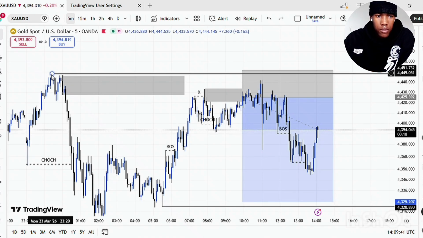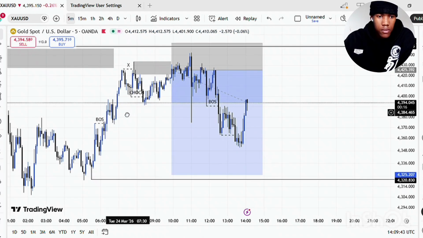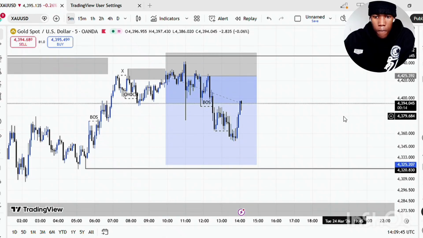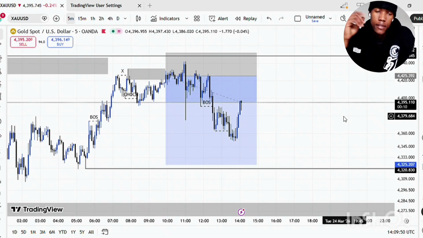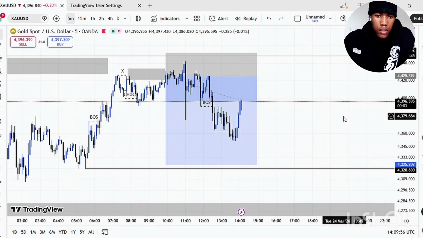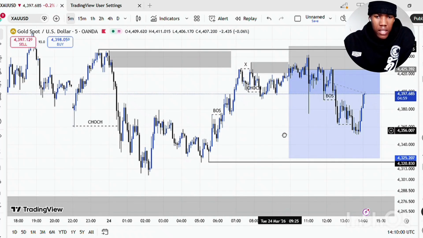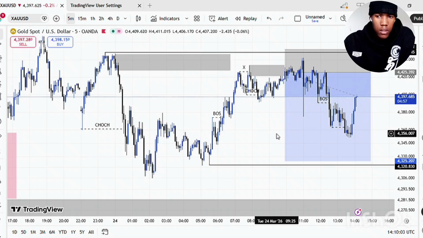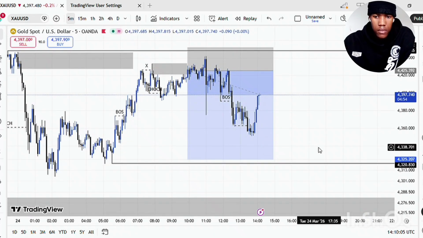From this last week rejection, that's how I took my trade. I wait for the liquidity sweep and the change of character, and then the order block, plus the fair value gap if the fair value gap is present. So this is the trade that I actually took on XAUUSD.